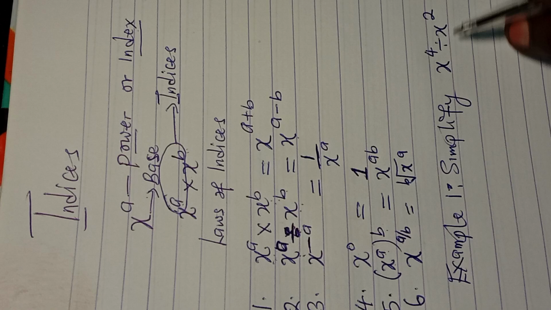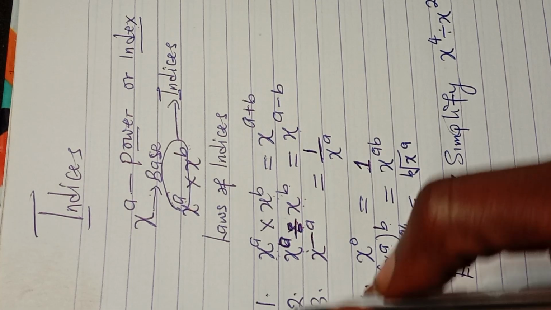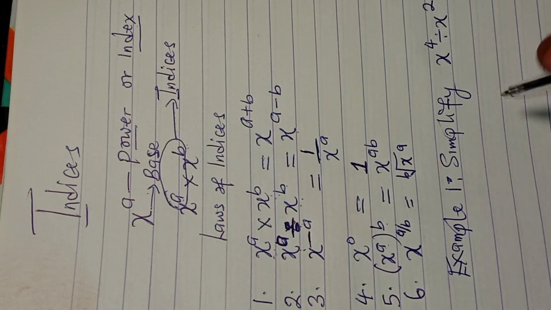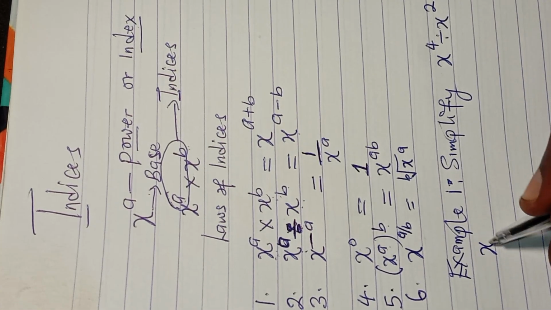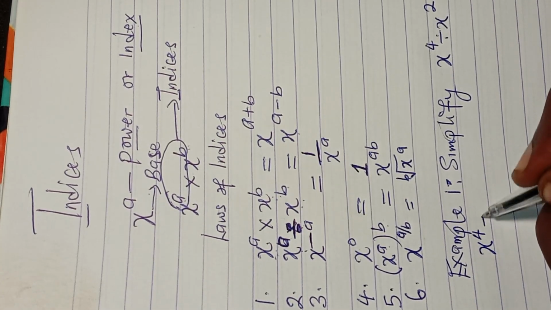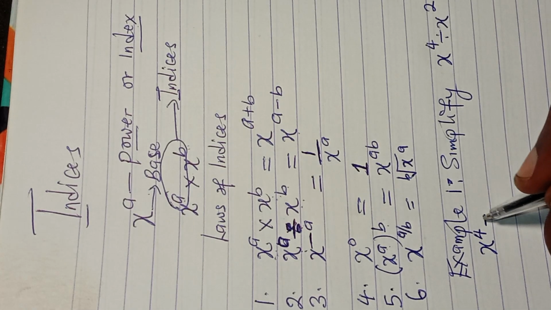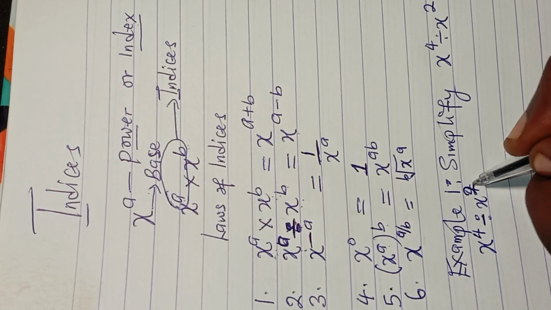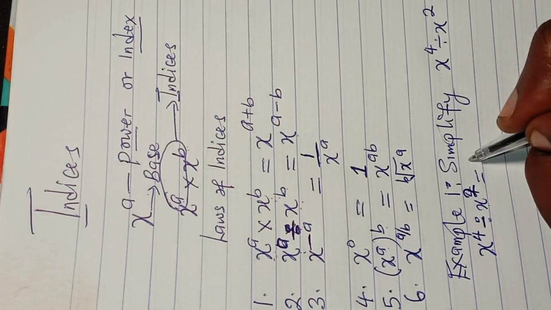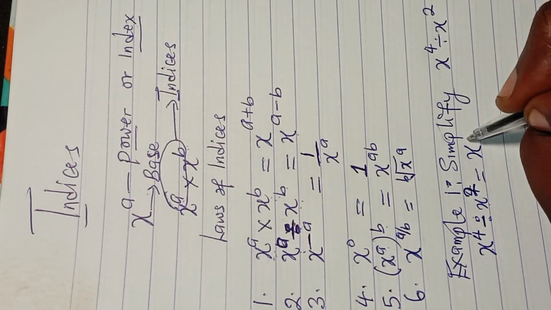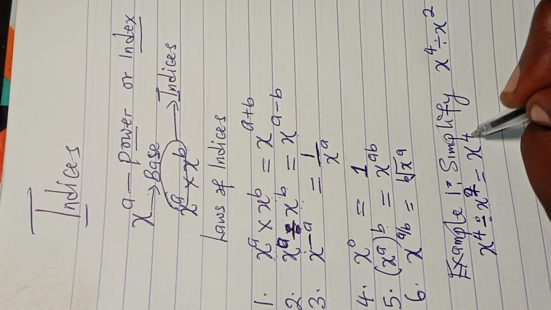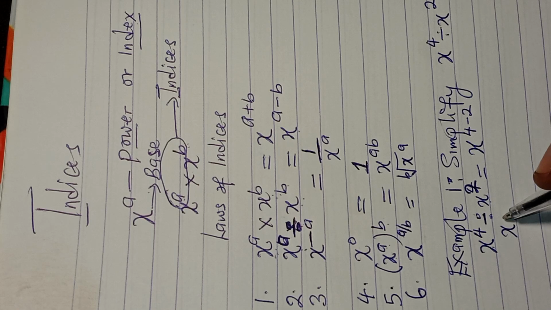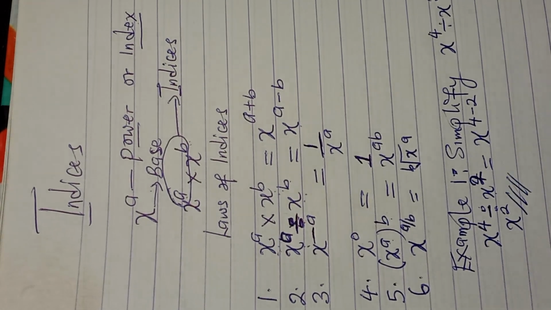If we have to simplify this, of course, this one falls under the second law. So it is the same thing as x power 4 minus 2. Here we have x, so we take 1, and it is division, so we are going to subtract the index numbers. So we have 4 minus 2. Therefore this is x raised to the power of 2. So that is the answer.